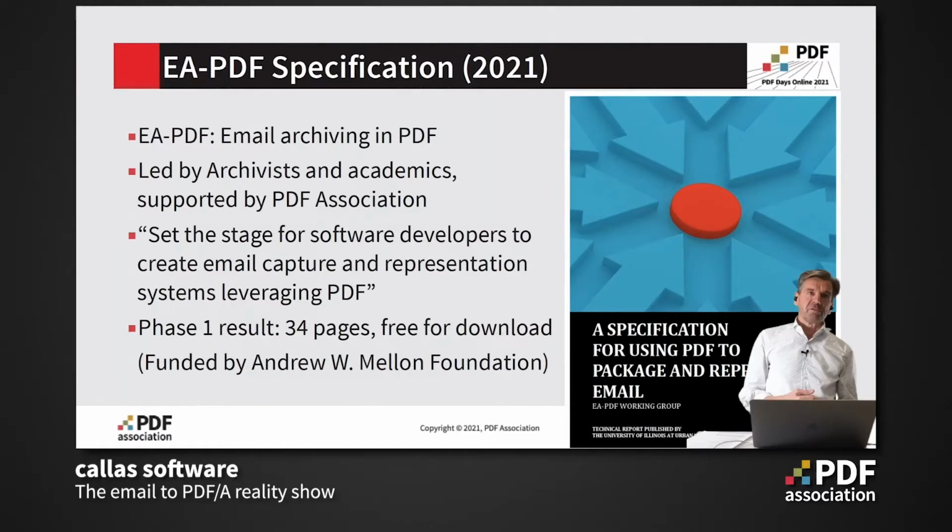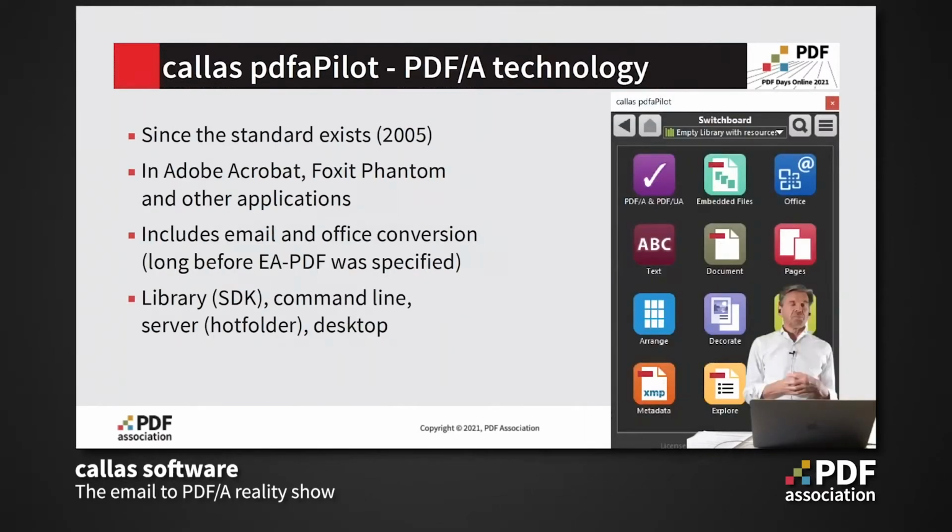In that presentation, I talked a lot about theory. In this presentation, it's going to be about reality. So what can reality actually do when it comes to archiving email in an interoperable way using PDF?